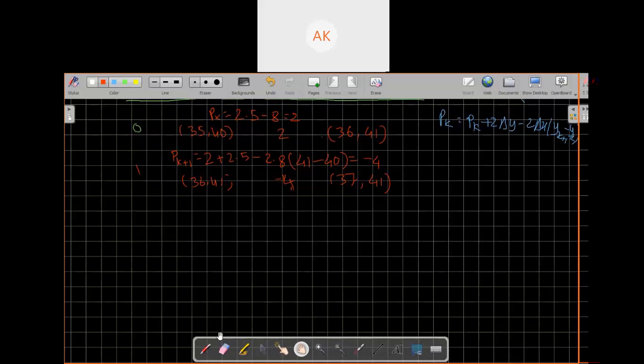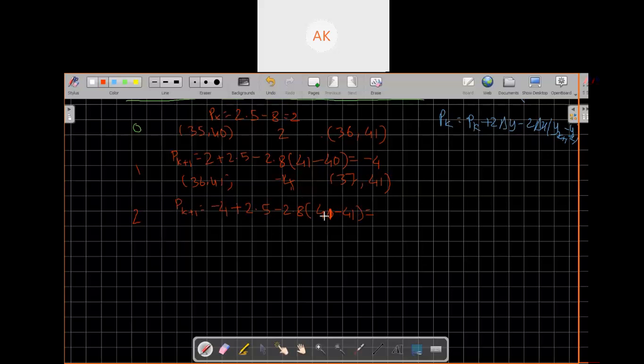Calculate for the next iteration. To calculate pk+1, your pk is -4, plus 2 delta y, delta y is 5, minus 2 delta x, which is 8, multiplied by (yk+1 minus yk). yk+1 is 41 minus yk, which is also 41.